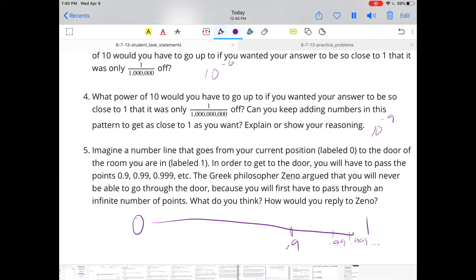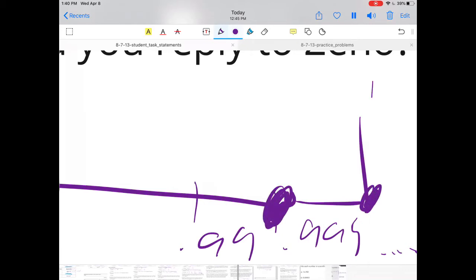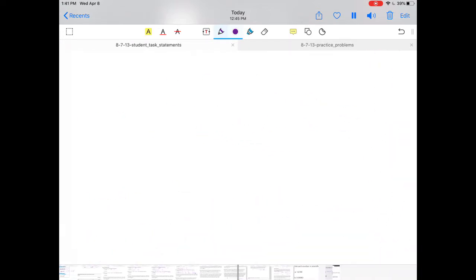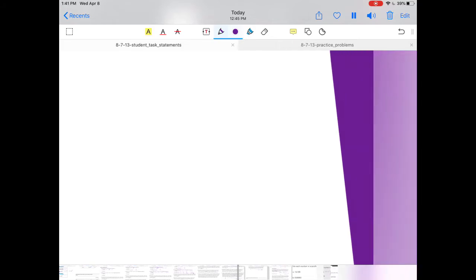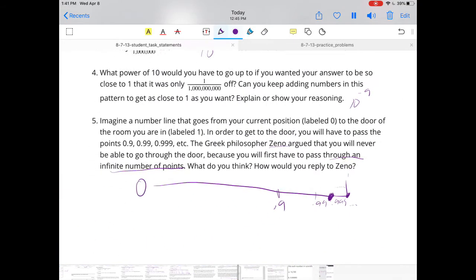The Greek philosopher Zeno argued that you will never be able to get through the door because you will first have to pass through an infinite amount of points. So in between, right, this number here and this number, which is just 1, there's infinitely many points. So you're always getting closer and closer and closer. So homie's trying to say that you're never going to get to 1.